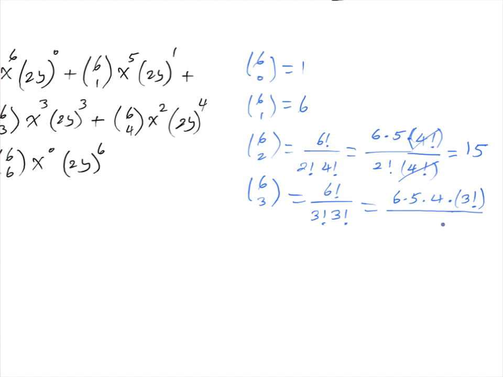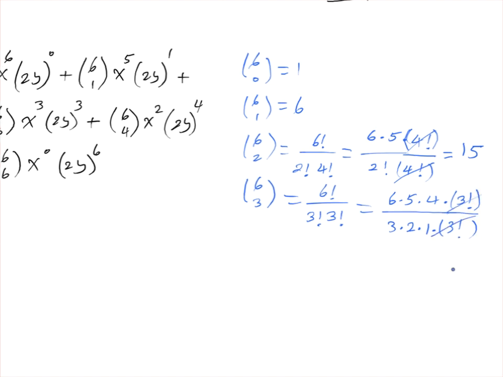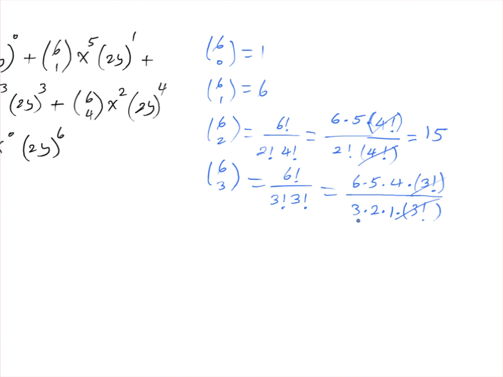Because that way you can simplify it with the 3 factorial below it. And then the 3 factorial, the first one in the denominator, is 3 times 2 times 1. So these 3 factorials cancel out. And now in the denominator you have 3 times 2 is 6. That cancels with the 6 above. Then you get 5 times 4, which is 20. Okay, so these can be done without a calculator.